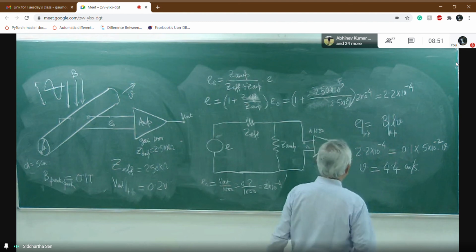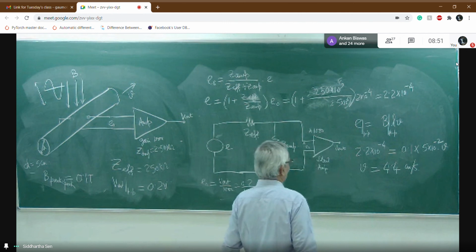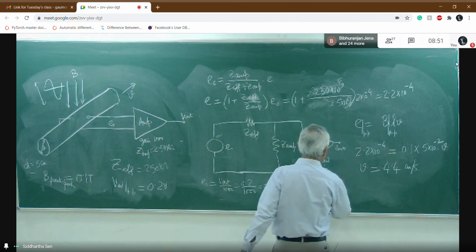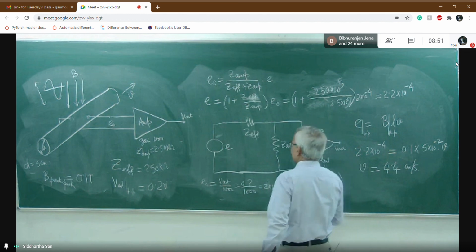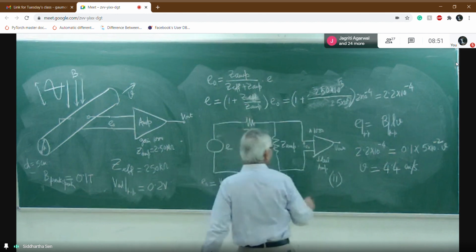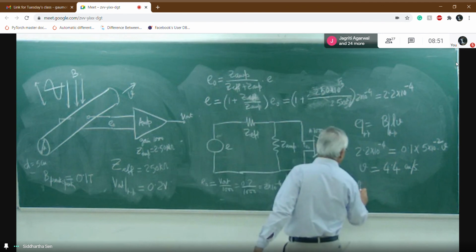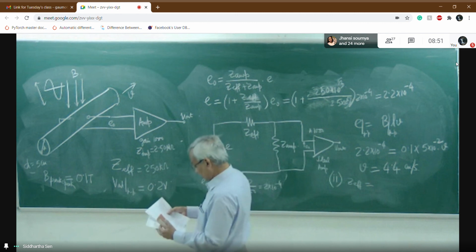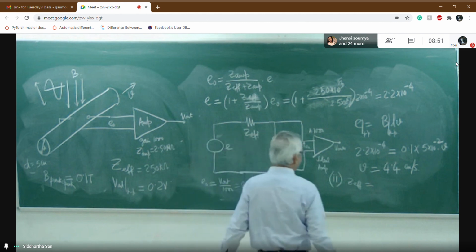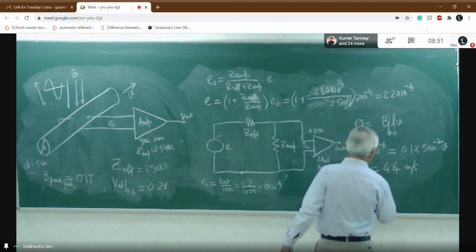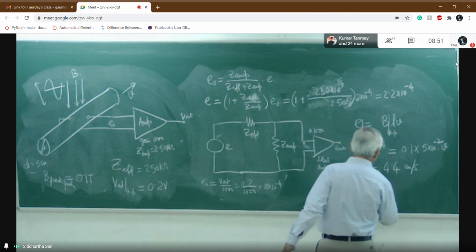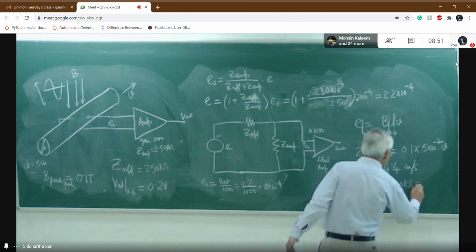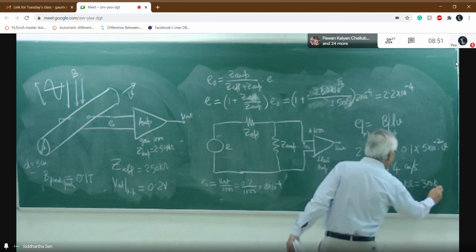And next is the second stage, the velocity remains the same, but ZF is increased by 20%. So it is ZF dashed is equal to 1.2 into 250 kilo ohm, equal to 300 kilo ohm.